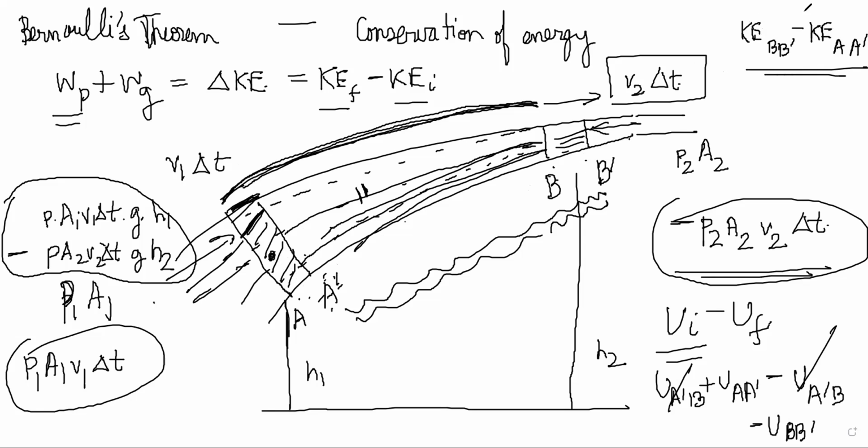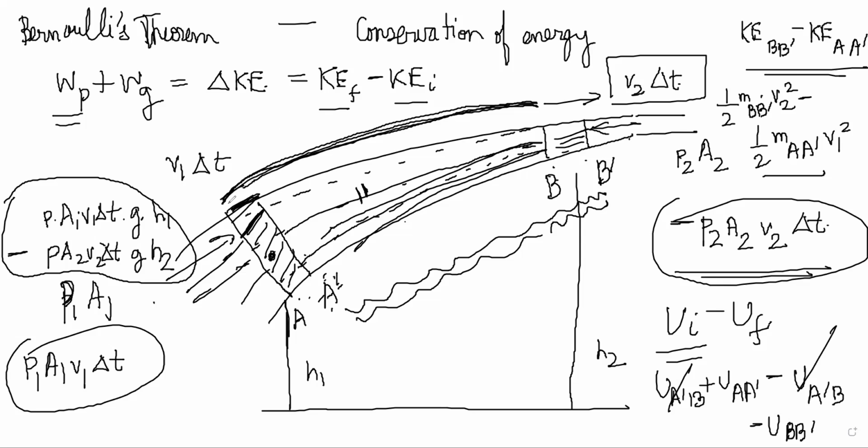When you do that calculation, again, you have to write the mass correctly. Half into m of B B dash into B B dash velocity is v2 square, minus half into m of A A dash into v1 square.